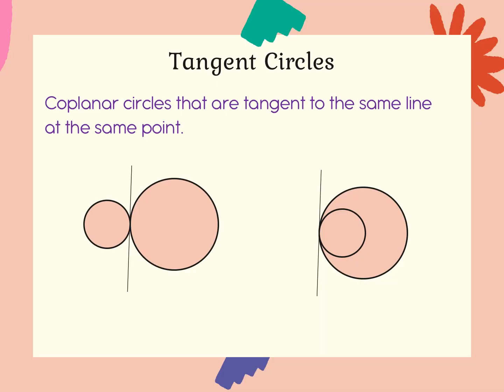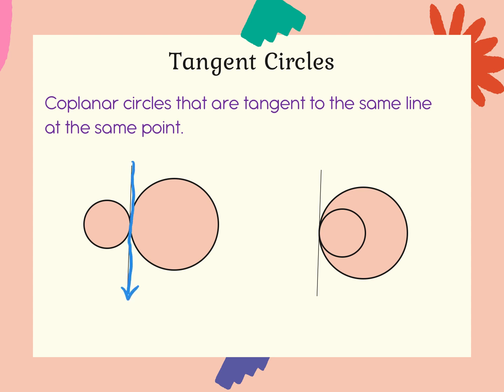When you have two tangent circles, they're going to be coplanar circles that are tangent to the same line at the same point. So notice how we have this little one and this larger one. It sort of looks like a snowman on its side. This would be the line of tangency.